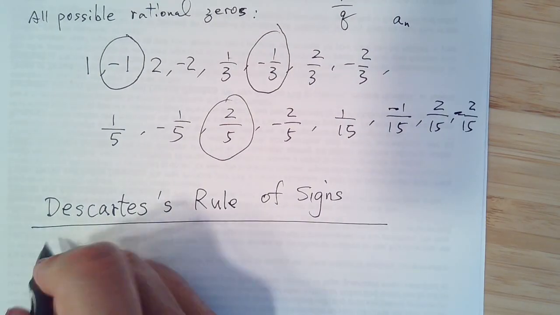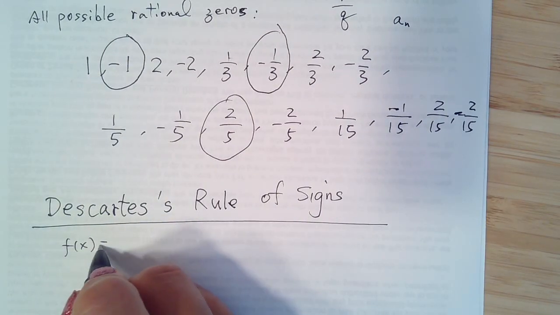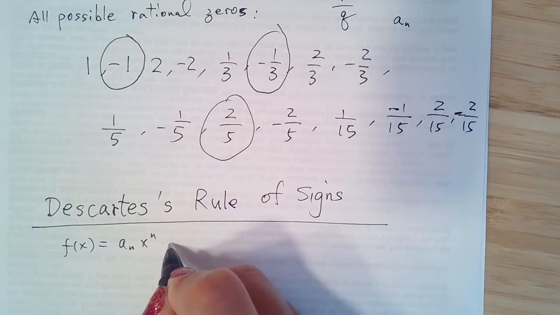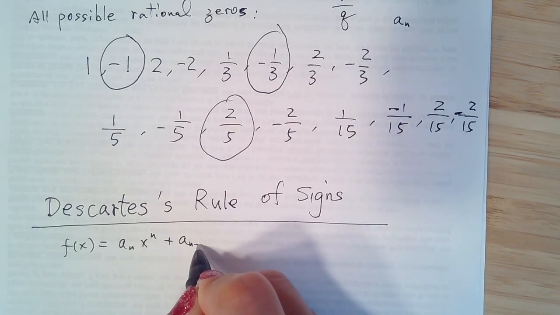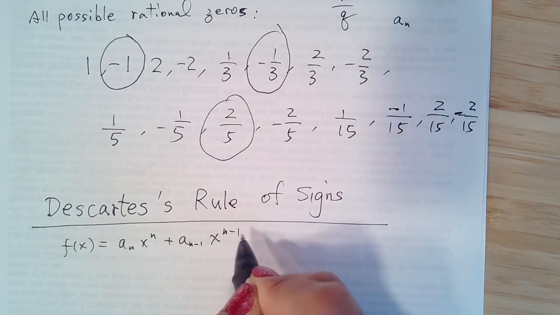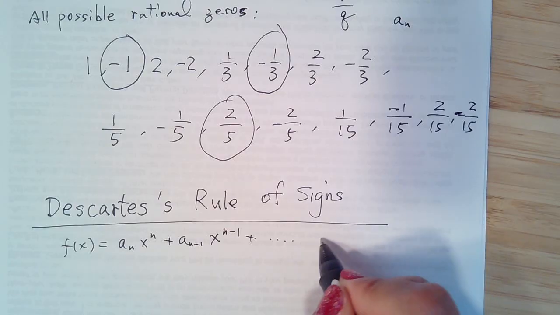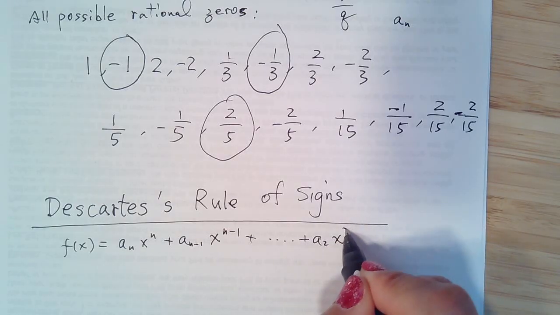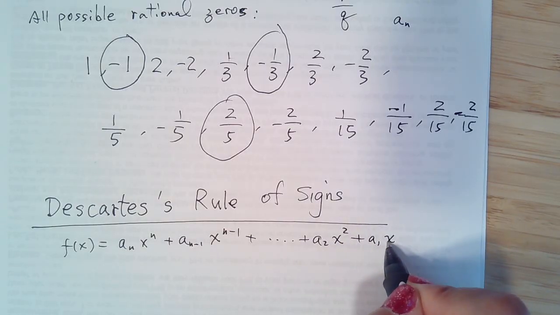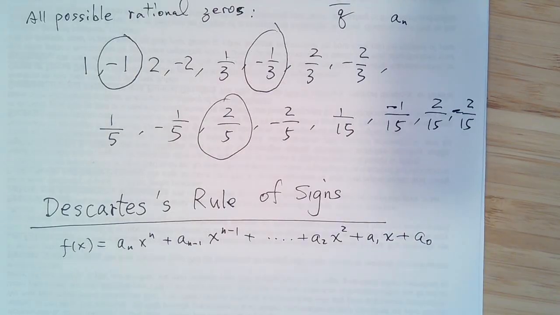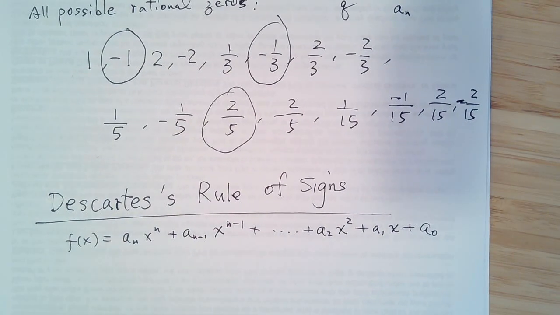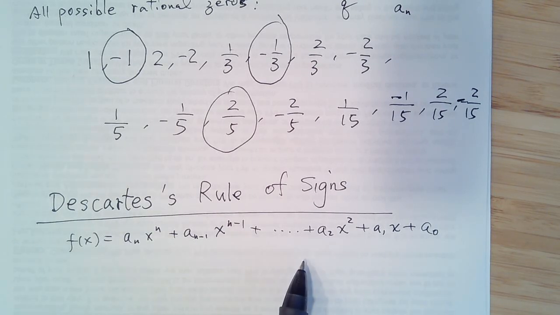Now you have f of x, and you write a_n x to the n, plus a_(n-1) x to the power of n minus 1, plus and so on, all the way to the end. Now what you should do is, you have all the real coefficients. I want you to tell me the sign of each of them.